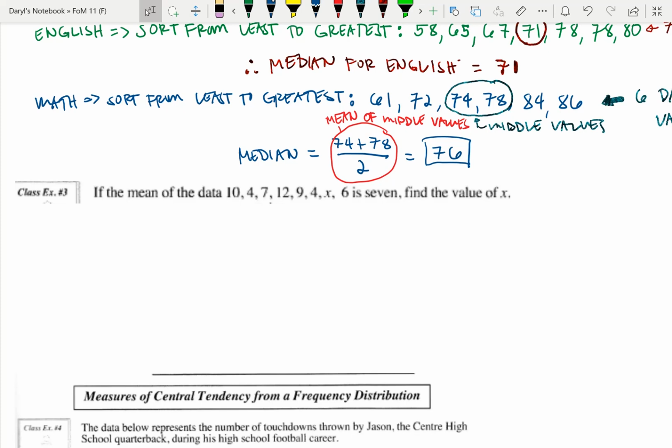So again, your data here, given the data 10, 4, 7, 12, 9, 4, x, and 6, and the mean is 7, so this is your mean. We need to find the value of x.